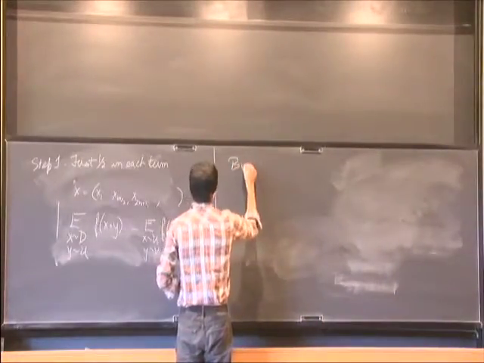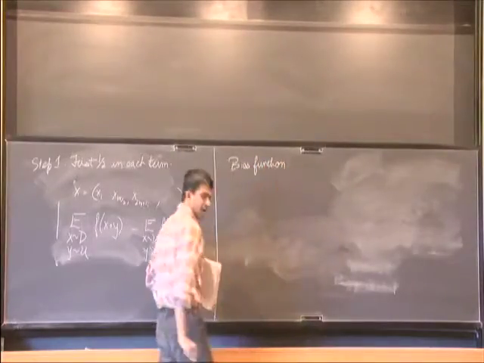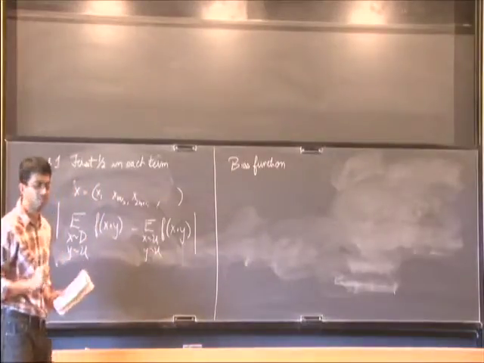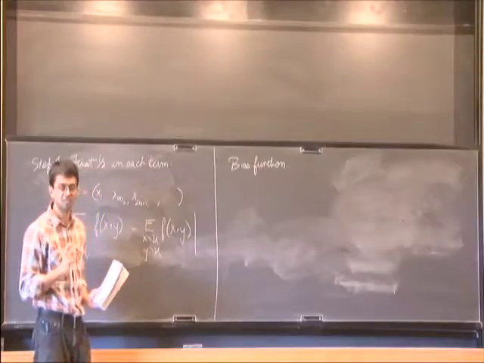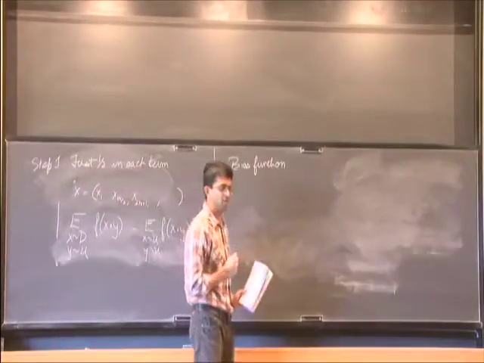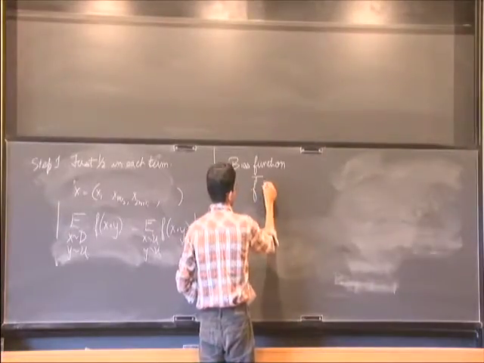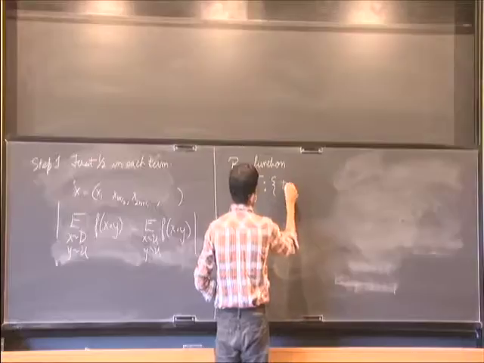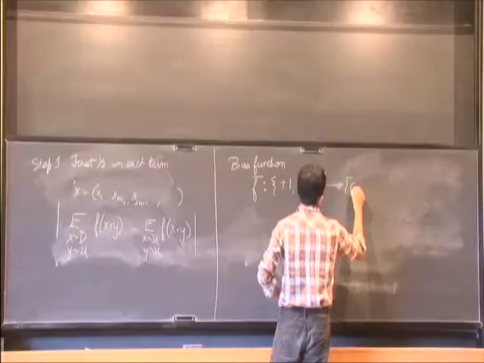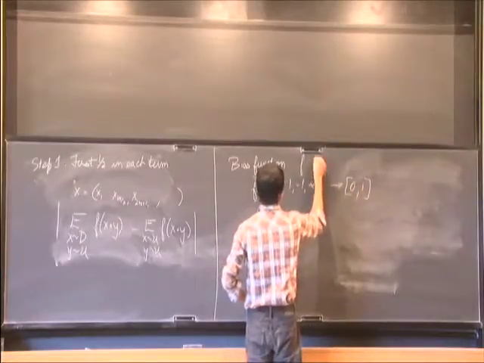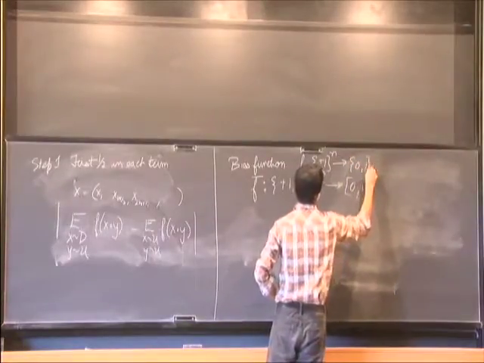So the key idea is going to be to look at something which I call the bias function of a restriction. Given a Boolean function f, I'm going to define the bias function over all partial assignments to this Boolean function. The bias function of f, which I'll call f bar, is a function from {+1, -1, star} to the n to [0, 1], where f started off as a function from {+1, -1} to the n to [0, 1].